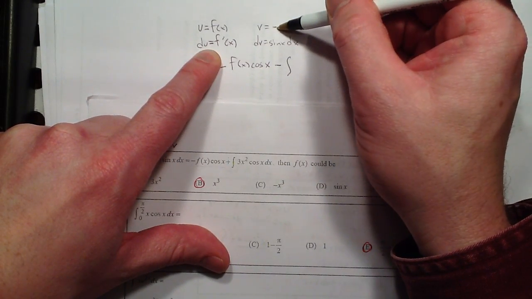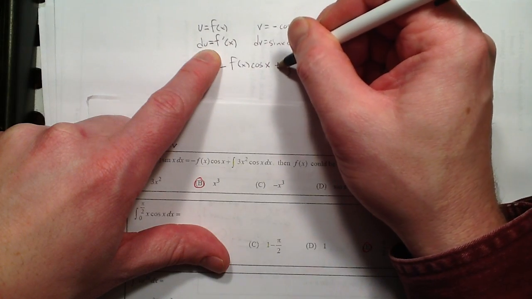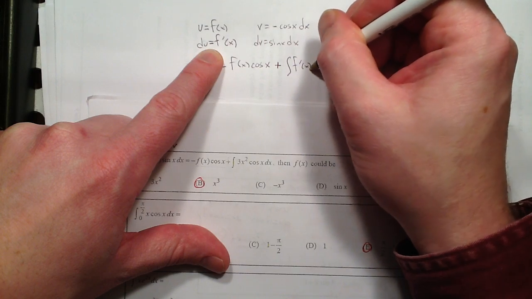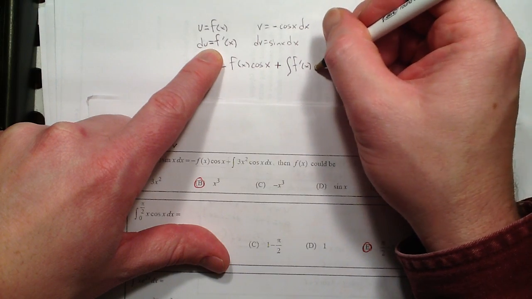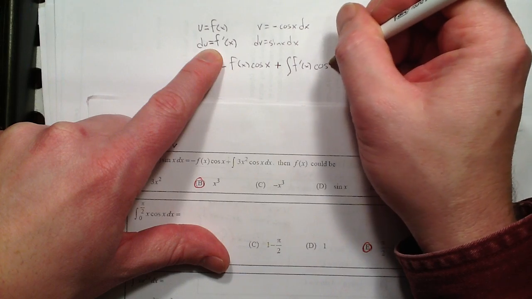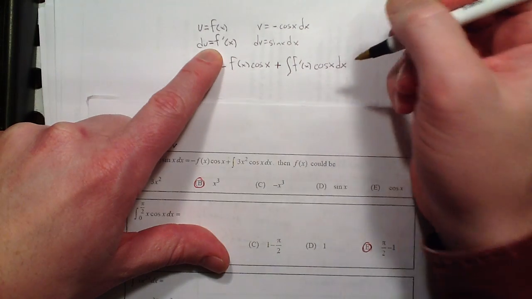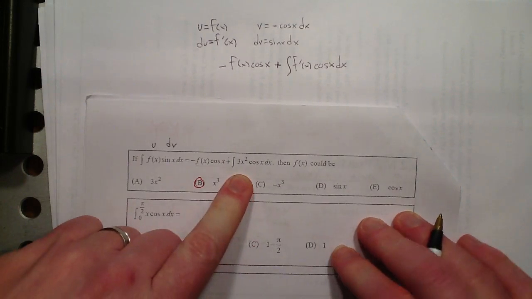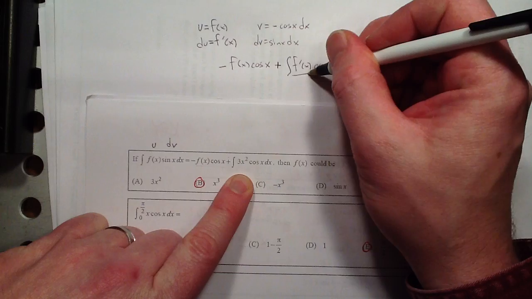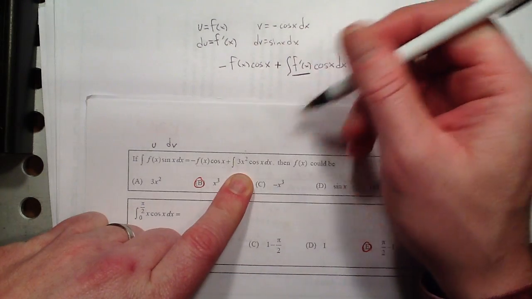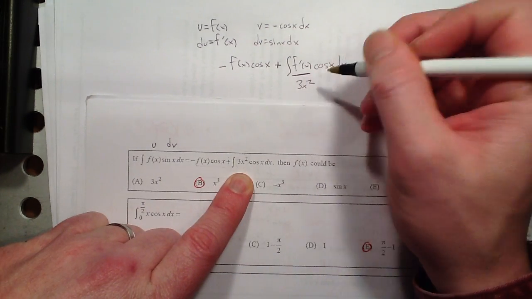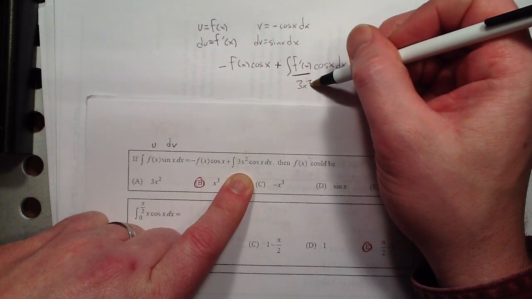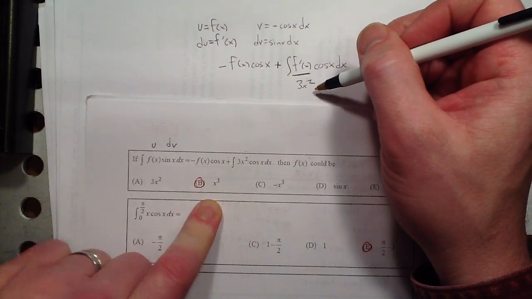There's another negative sign here, so that'll switch the sign of that, and f prime of x times cosine x dx. Right? And then notice that this matches up to the 3x squared, and they want to know what f of x is. Well, if this is f prime of x, then f of x would be the antiderivative of that, which would be x cubed.